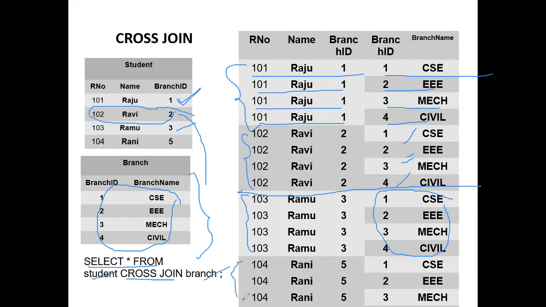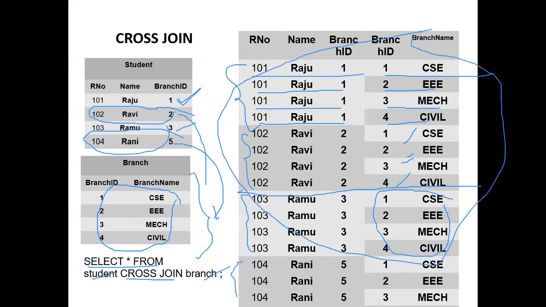The last one is not available here, maybe it has gone below. Similarly, for the fourth one also, all the records of the branch table will be joined here. So finally we'll get this table whenever you perform the cross join between the tables student and branch.